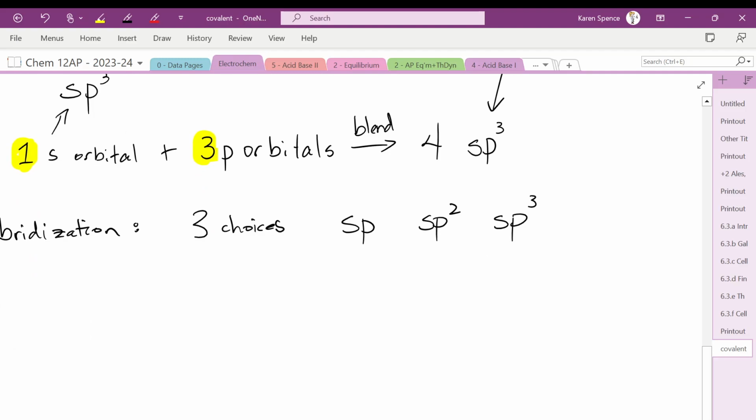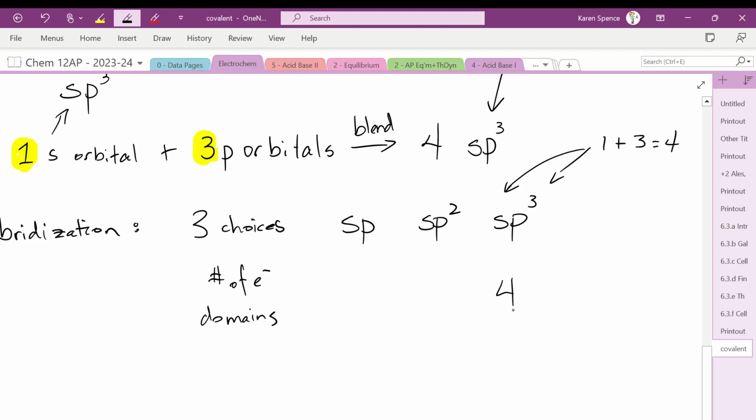And all you need to do to figure out which one it is is look at the number of electron domains. How many electron domains are we using if we have sp3? 1 plus 3 equals 4.